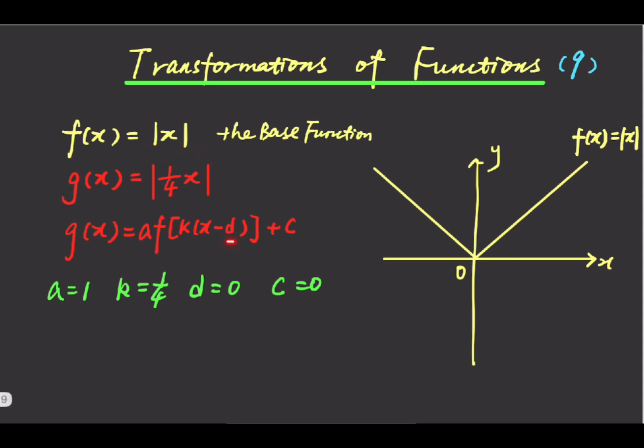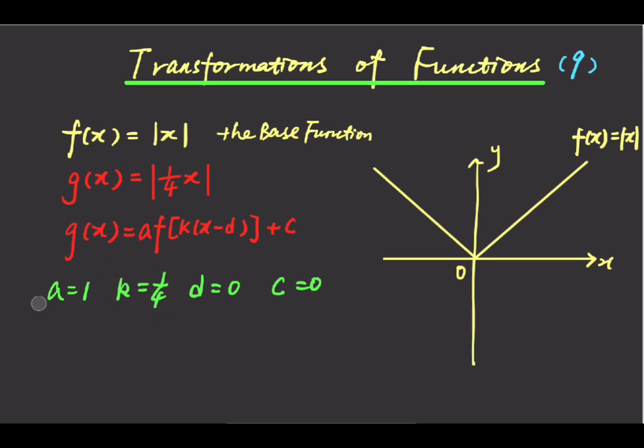But here d is 0, that is to say we don't need to do any translations in the horizontal direction. c is 0, that is to say, on the basis of the base function, we don't need to do any vertical translation. So we just need to focus on the transformation according to the parameter k.